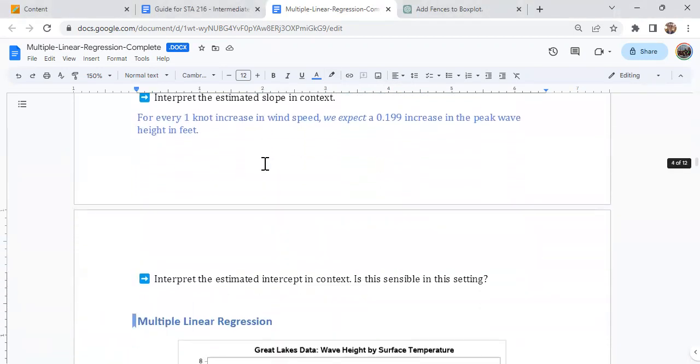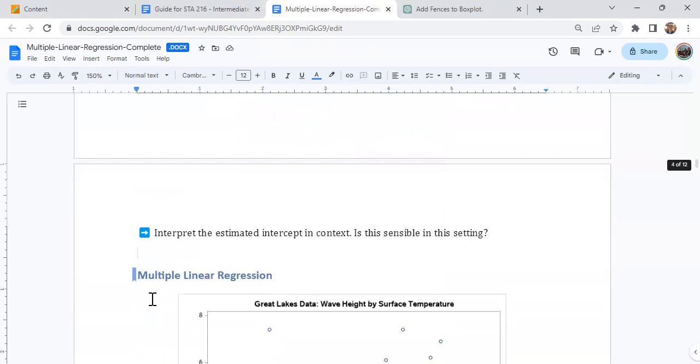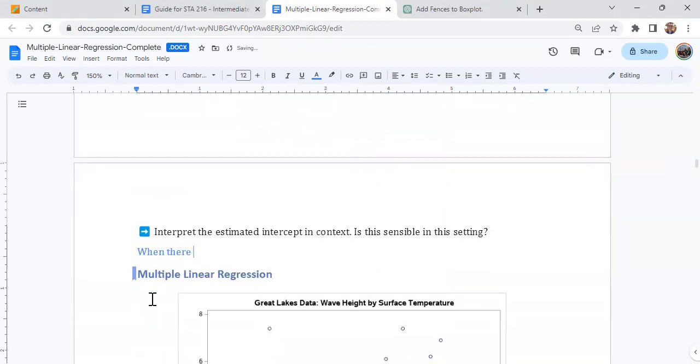When wind speed is 0 knots, the wave height is 0.02 feet. So when there is no wind, wind speed equals 0 knots. And similar to the slope, we'll say we expect, just to communicate that that's our best guess, but it's not definitive.